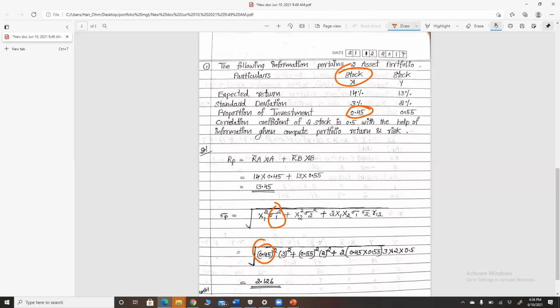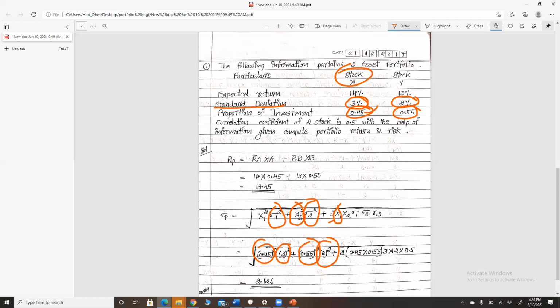Standard deviation 1 is that of stock X, the first security, that is 3. So 3 square. Is it clear? Plus x2 square. X2 is the proportion of stock Y, that is 0.55 square. Is it clear? So into standard deviation 2 square, standard deviation of stock Y, that is 2. So 2 square, plus 2 into x1.